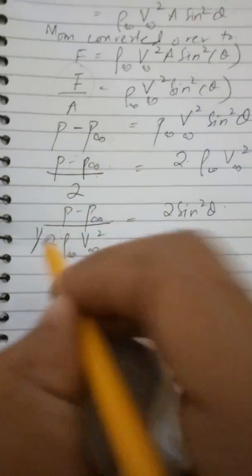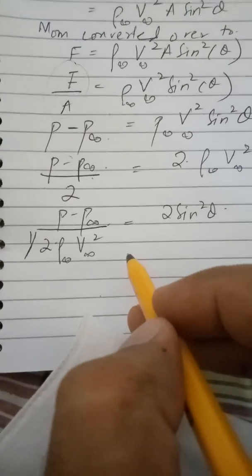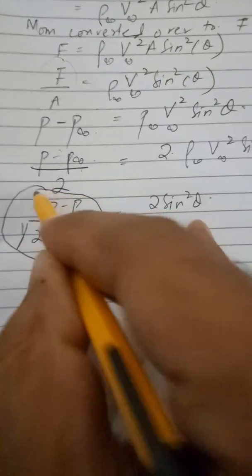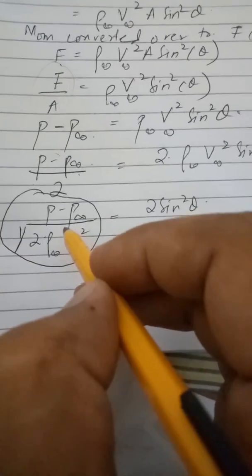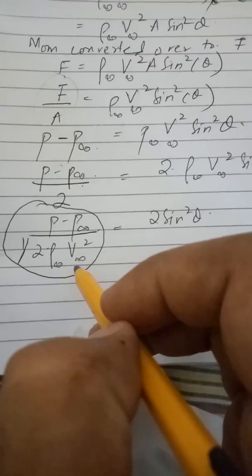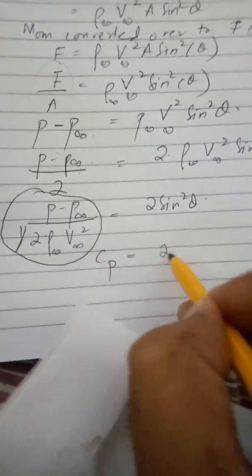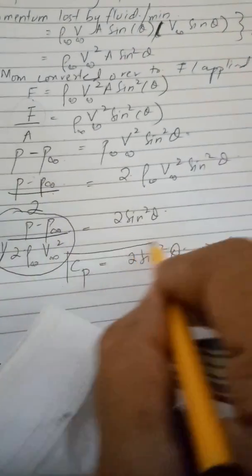As we discussed earlier, this is the coefficient of pressure. So this whole value is equal to Cp, which is 2 sine square of theta, where theta is the flow deflection angle. So that is the whole value.